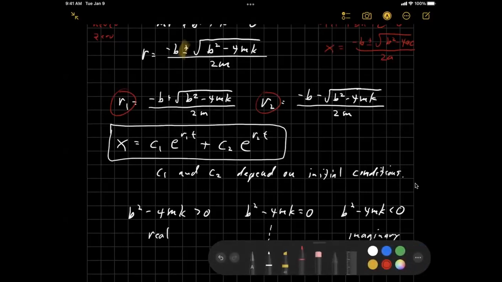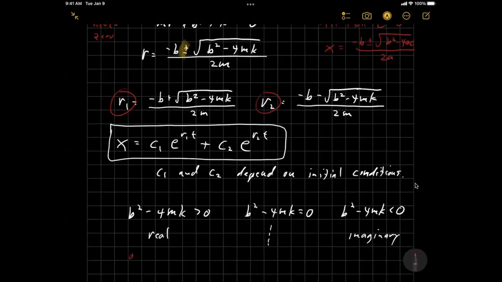Now, from the early part of the video, it turns out this corresponds to overdamping, and this corresponds to underdamping. Okay, so in our boxed-in equation, we have a good solution for overdamping. What we need to explore now is what happens when r1 and r2 are complex numbers, and we'll do that in the next video.